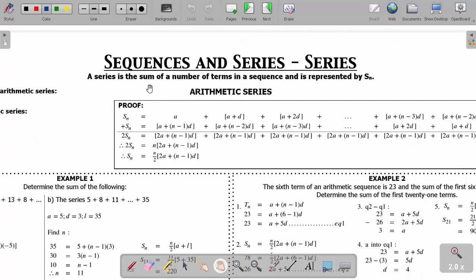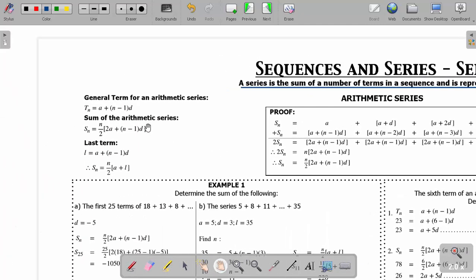A series is the sum of a number of terms in a sequence, and it is written as Sn. I repeat, a series is the sum of a number of terms in a sequence and is given by Sn. So we have arithmetic series and geometric series.